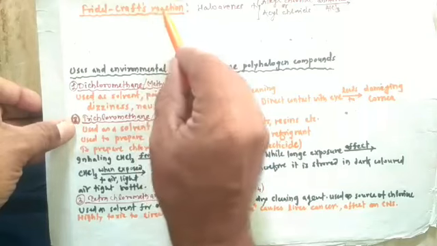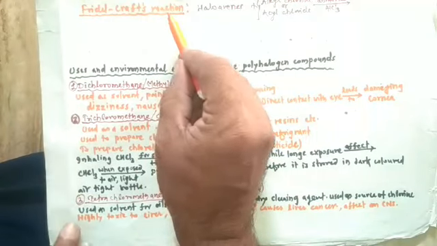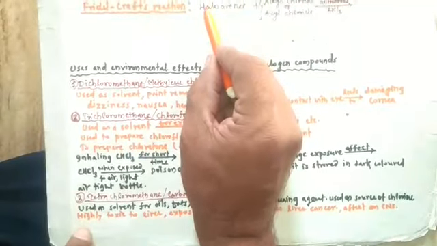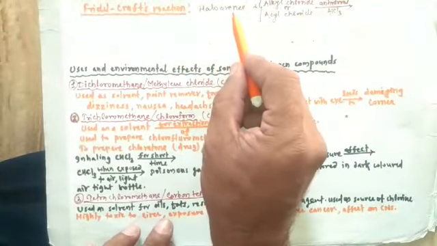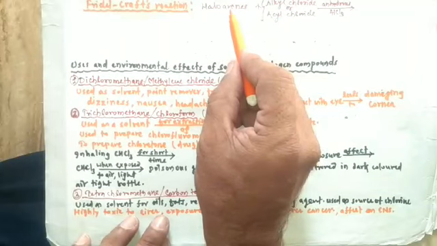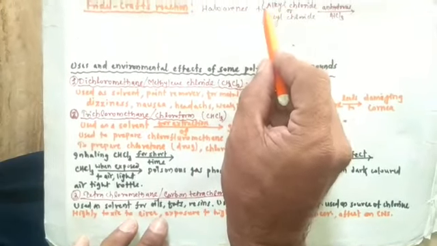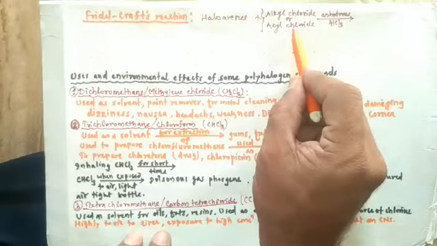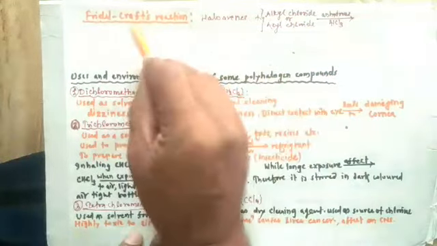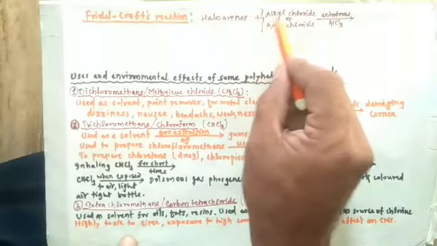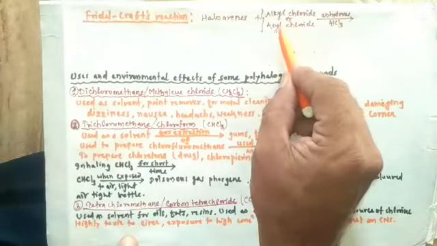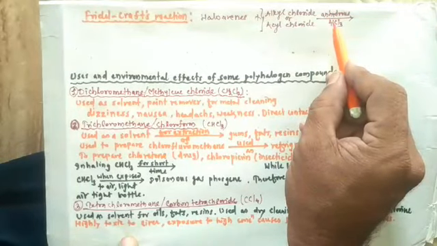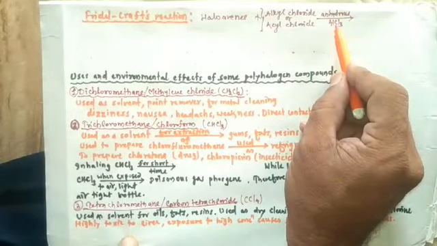So in the Friedel-Crafts reaction, haloarenes are reacted with alkyl chloride or acyl chloride, and the reaction is carried out in the presence of the catalyst anhydrous AlCl3.